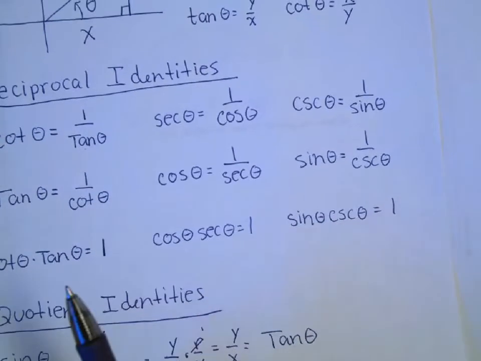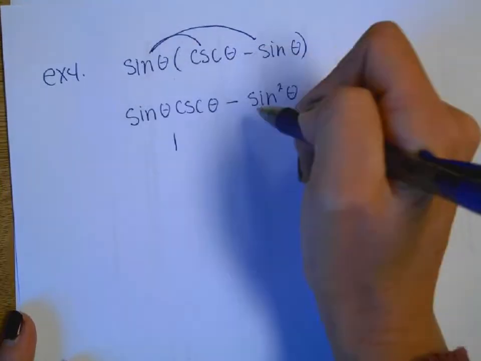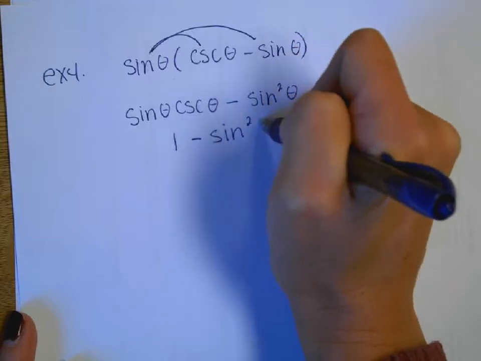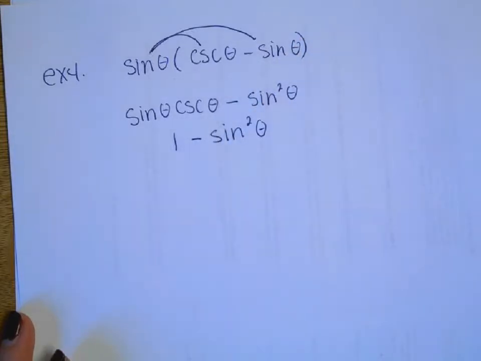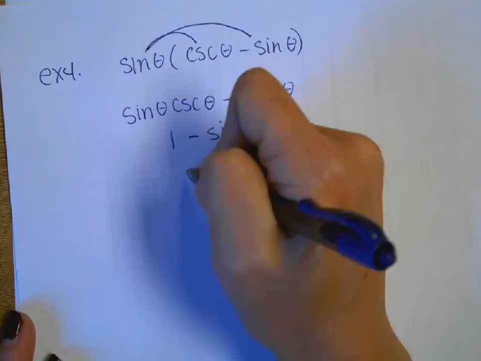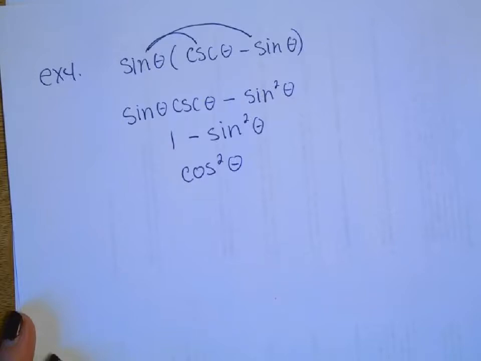But sine times cosecant, because they're reciprocals of each other, equals 1. Then I've got a minus sine squared. Does that simplify anymore? Looking Pythagorean again, isn't it? What does it equal? Cosine squared. Right off of the Pythagorean identities.